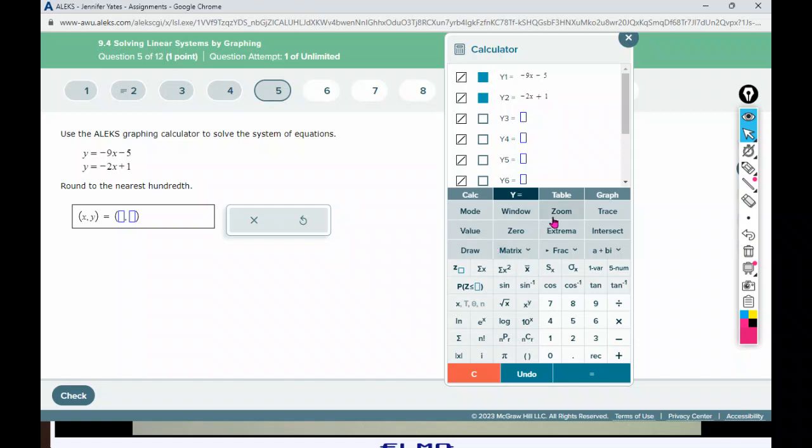Oh, that probably is X. That is it. There it is. Got it. But now I've got to undo that one. Backspace. Okay, thank you.